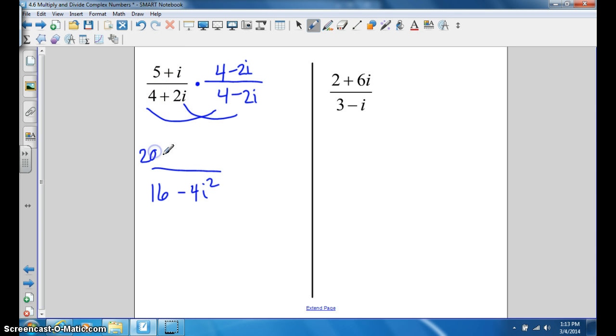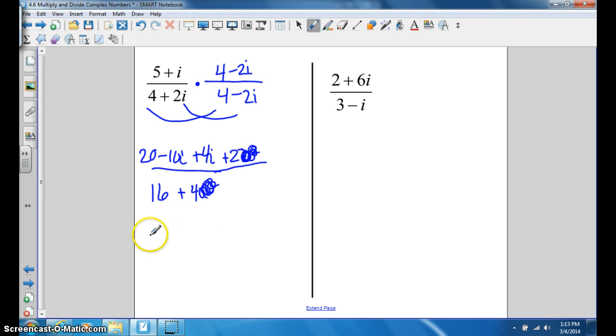So we have 20. We will have 20 minus 10i plus 4i minus 2i squared. And we can collect like terms, and this becomes positive 2, this becomes a positive 4.